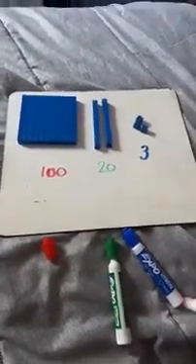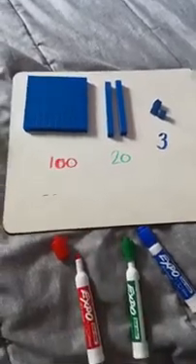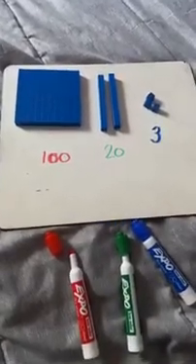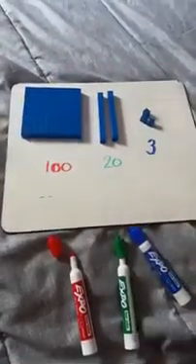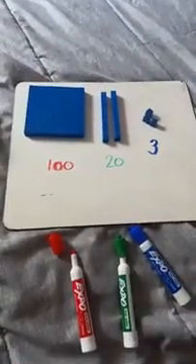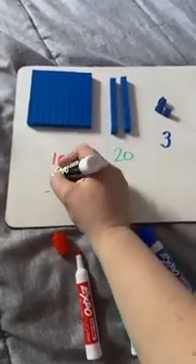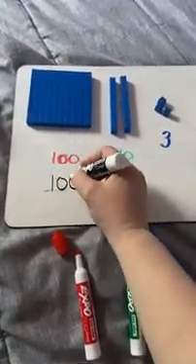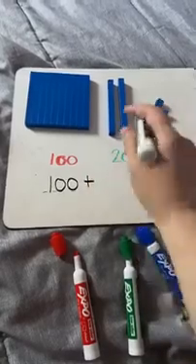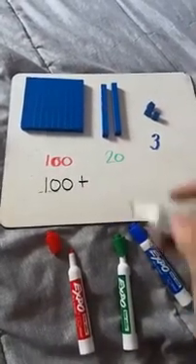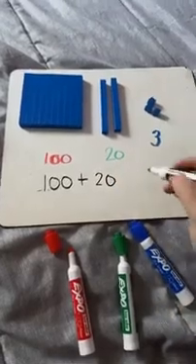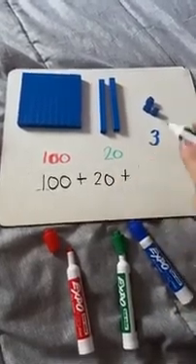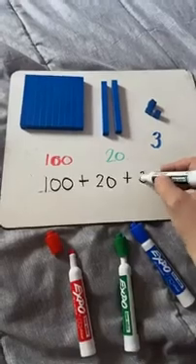Now, how can I decide and write my numbers together to get me a number? How could I do that? How would I write this whole number out? Okay, so I have 100 plus, how many did I have there? You're right, I had 20. Then plus, how many did I have in my ones? Plus 3.